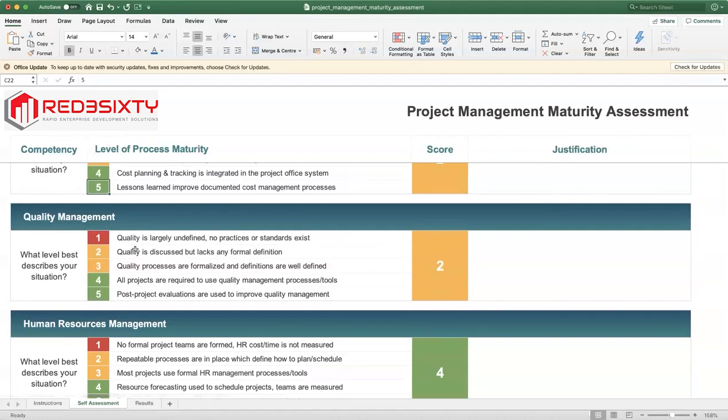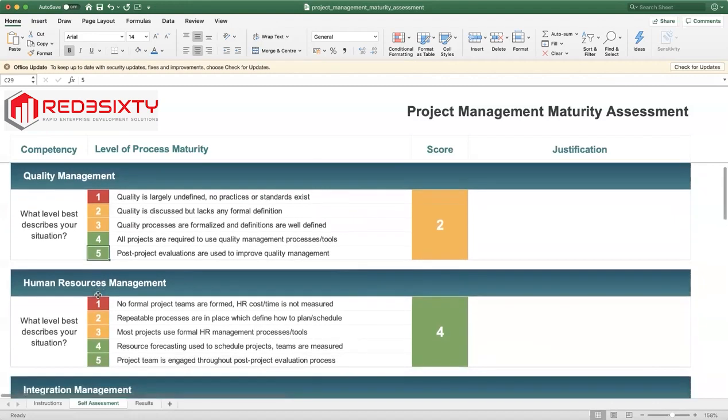Overall quality of not only what is delivered, but how the project itself is being delivered. So looking at quality processes, quality is of whether or not there's a physical definition of it, whether or not all projects are required to use quality management, and whether or not there are post-project evaluations to improve quality management.